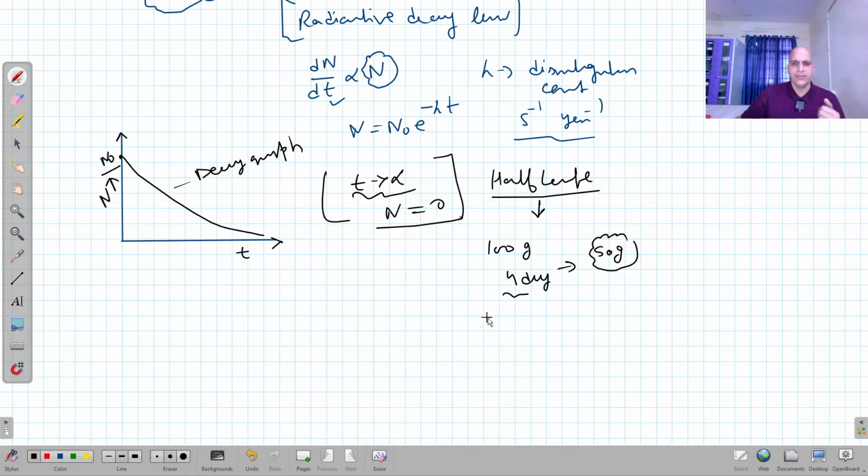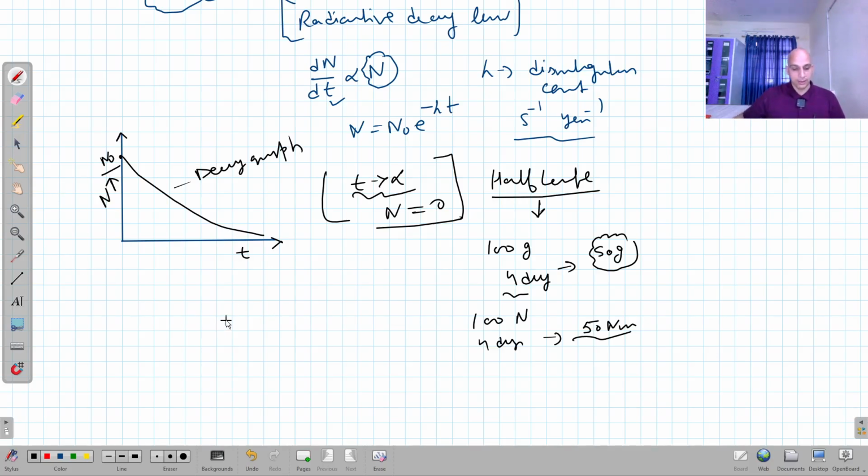Or suppose I have 100 nuclei and 4 days is the half-life. Then after 4 days there is a probability that 50 nuclei will decay. It doesn't tell us which of the 50 nuclei will decay, but there is a chance that 50% of the nuclei will decay in 4 days. Then in the next 4 days, of the remaining 50, 25 nuclei will decay. So this is the meaning of half-life.